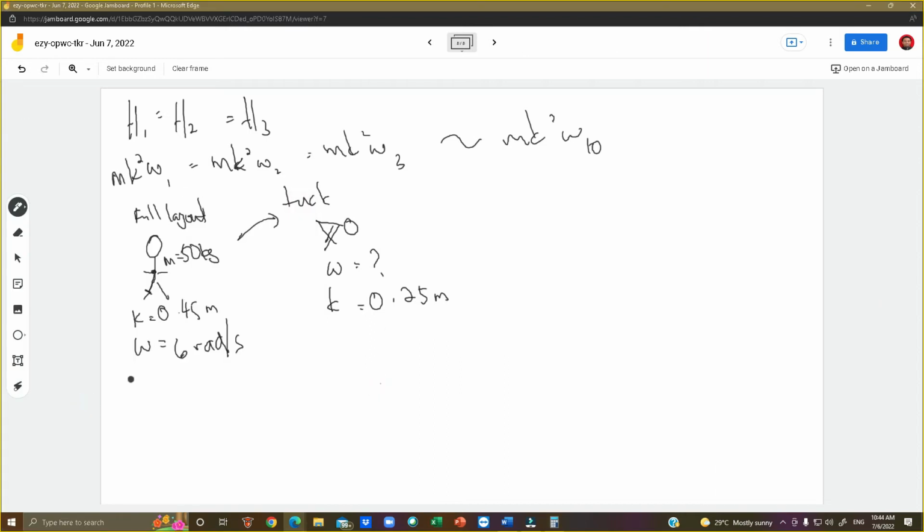Okay, silakan kira. MK square omega equals to 50. K is 0.45 square. Omega is 6.